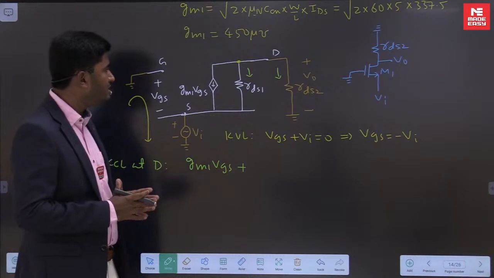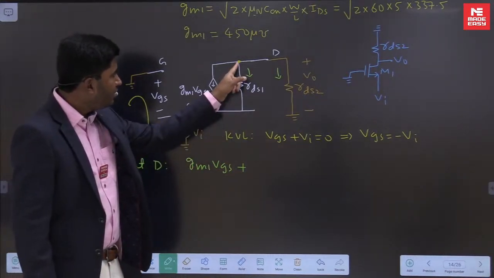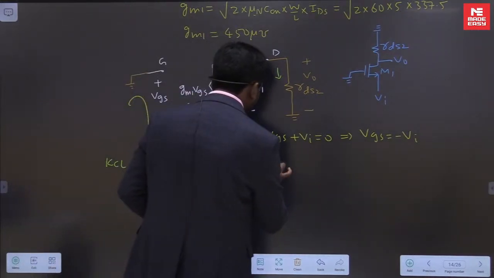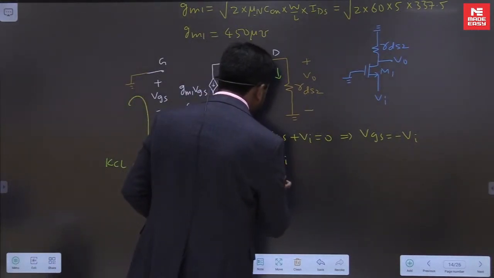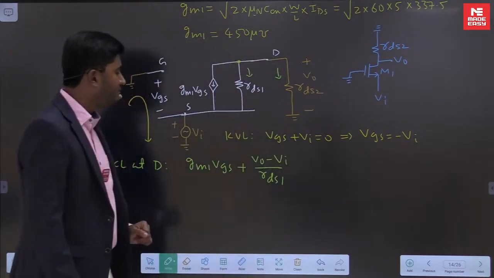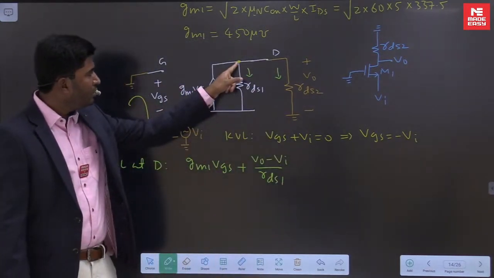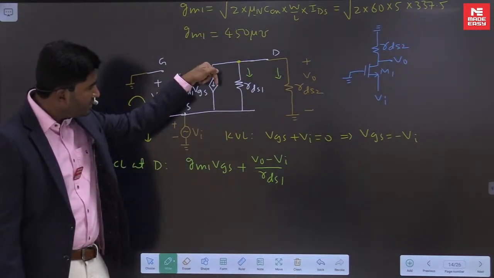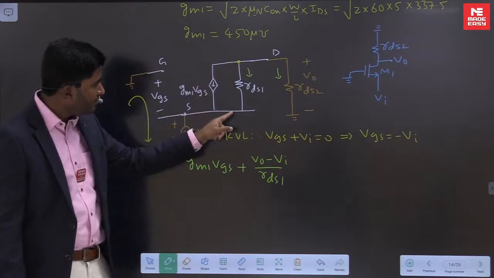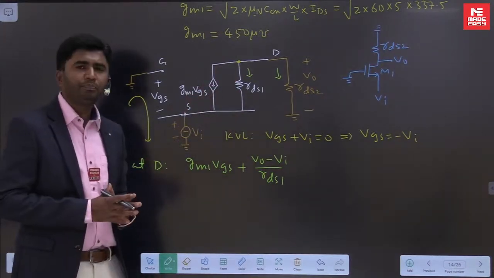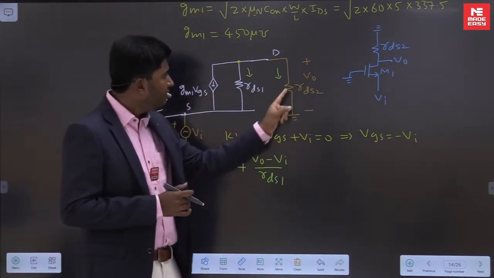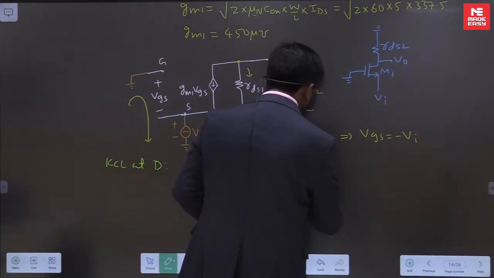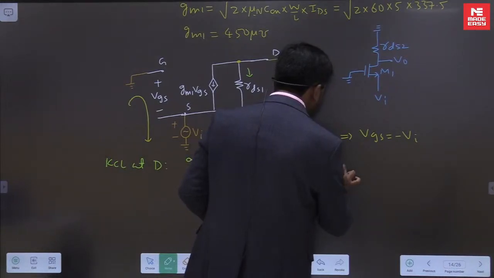It will be V0 minus VI divided by RDS1, since this node is at V0 and this node is at VI. And what will be the current through RDS2? It will be V0 divided by RDS2, and the sum is equal to 0.